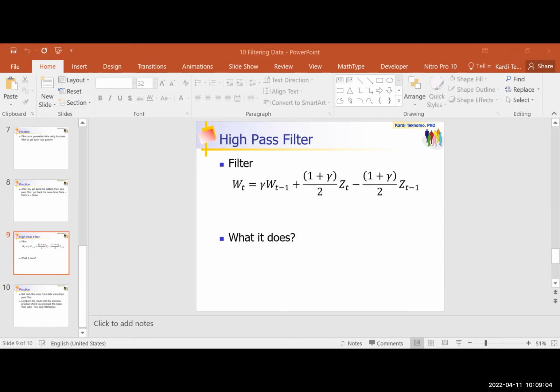So this is basically noise. High pass filter means noise. So for this purpose, I need to create another parameter. So I'll call this alpha.